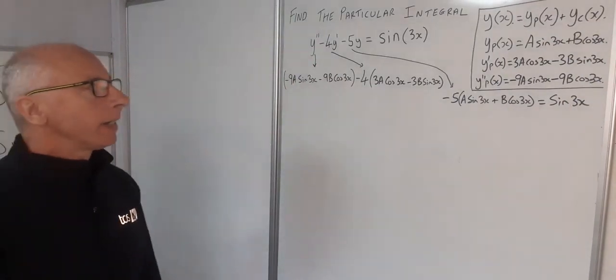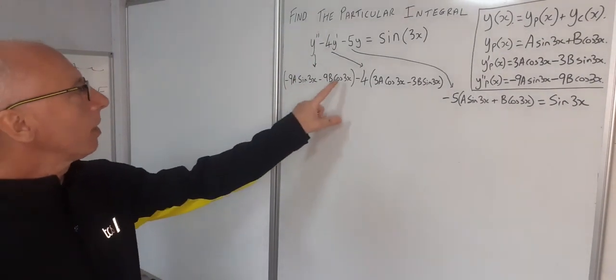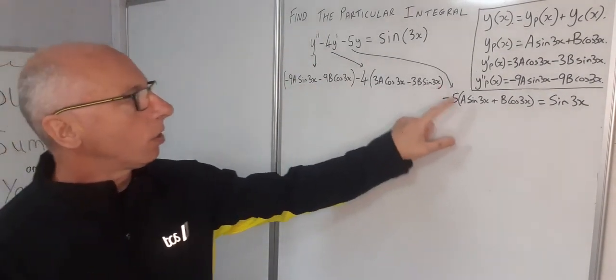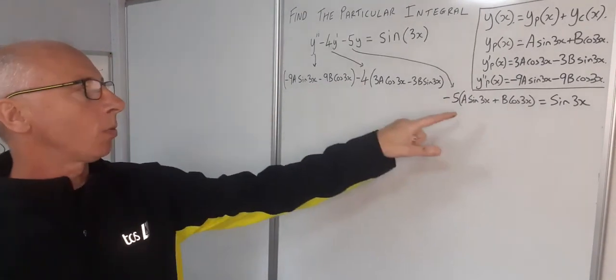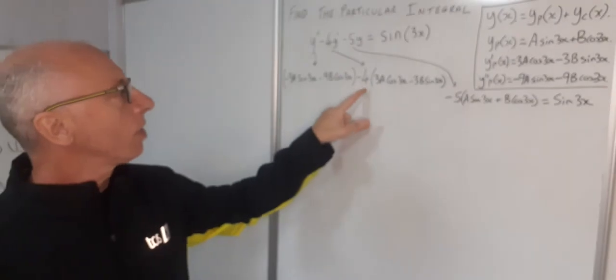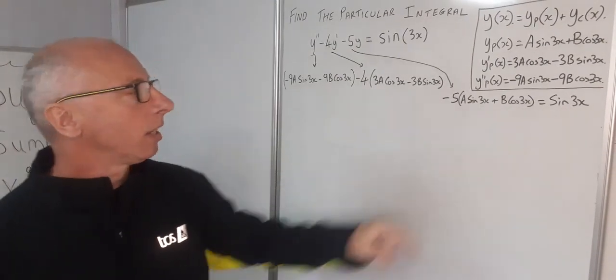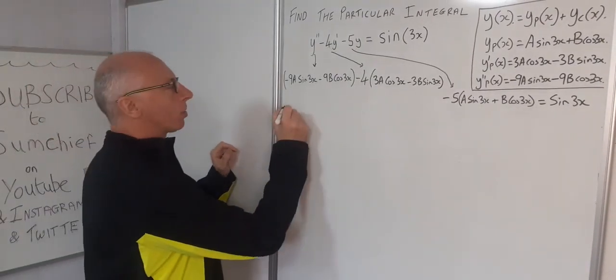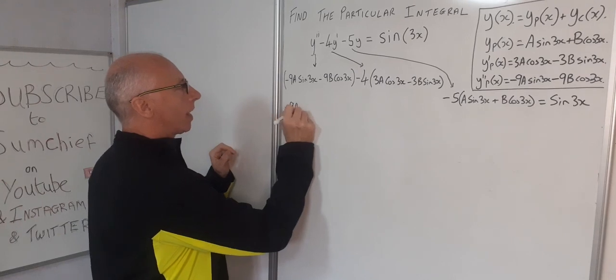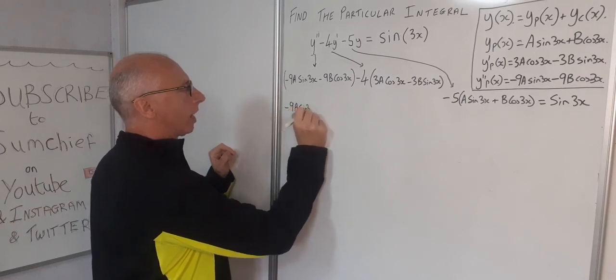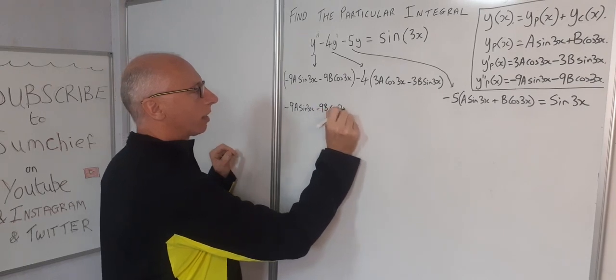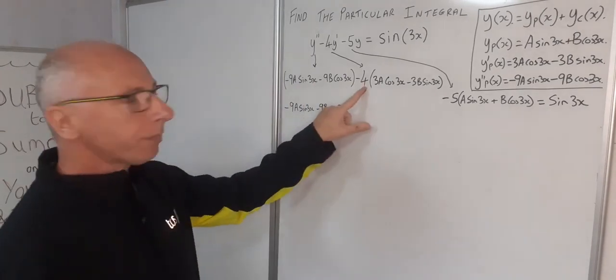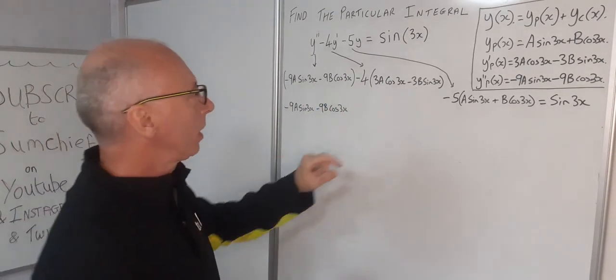Okay, so now we've got a load of sine 3x's and cosine 3x's all along, and we've got these coefficients multiplying each one. Let's simplify this a little bit and make things easier to read. So minus 9a sine 3x minus 9b cosine 3x. That's straightforward. Now we'll distribute the 4 into this.